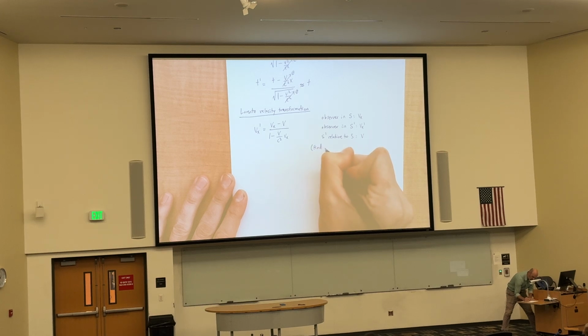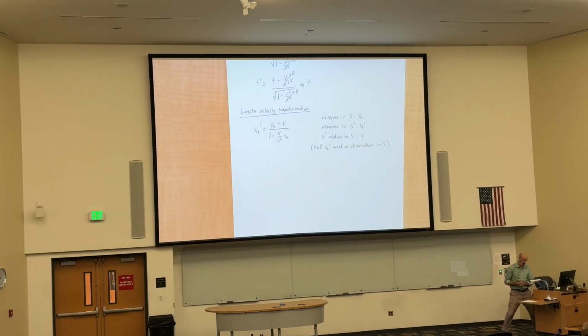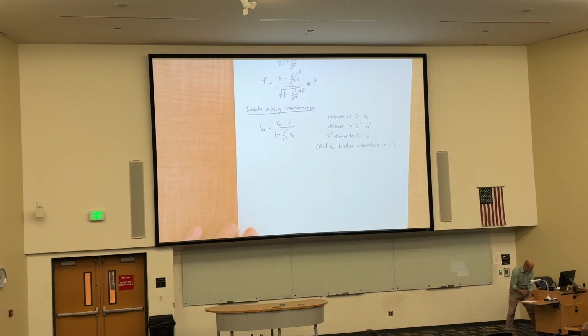So really what we're doing is we're finding vx prime based on observations, or measurements, in S. Right. There's also an inverse.